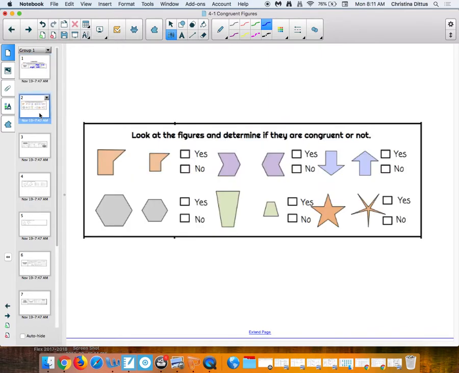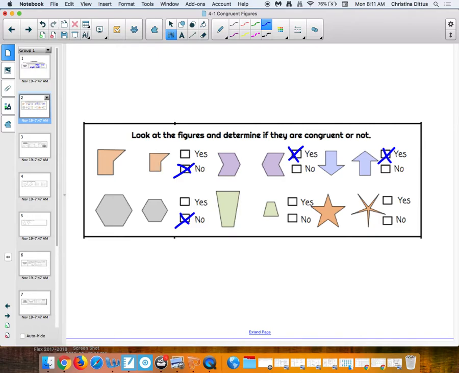So, if I look at this first one, are these congruent? Are they the same shape and size? No, not the same size. So these aren't congruent. How about my purple ones? Are they the same shape and size? Yes. What about my blue ones? Yes, same shape and size. What about my hexagons? Nope.